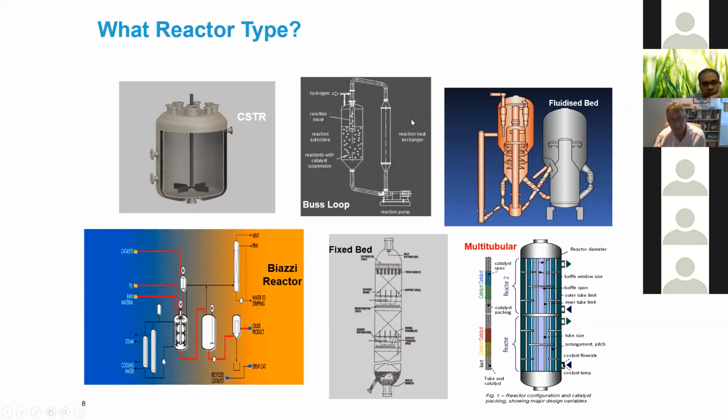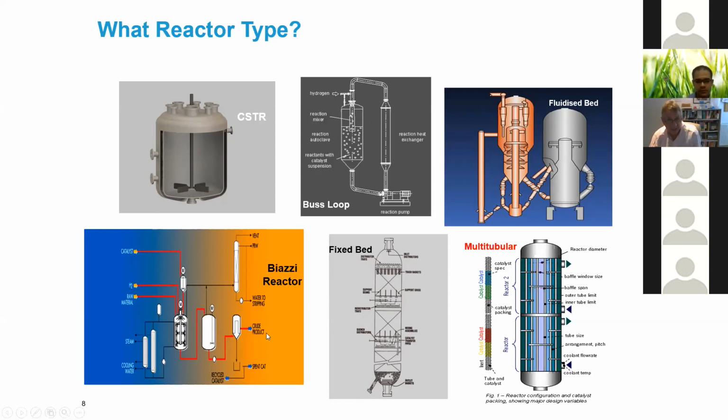If we're going to a more sophisticated design, then the Swiss designed bus loop reactor, where we get much better heat transfer, much better catalyst contact with the reactant liquids, and generally in a bus loop reactor you use about 1/3 of the catalyst that you would use in this continuous stirred tank reactor.